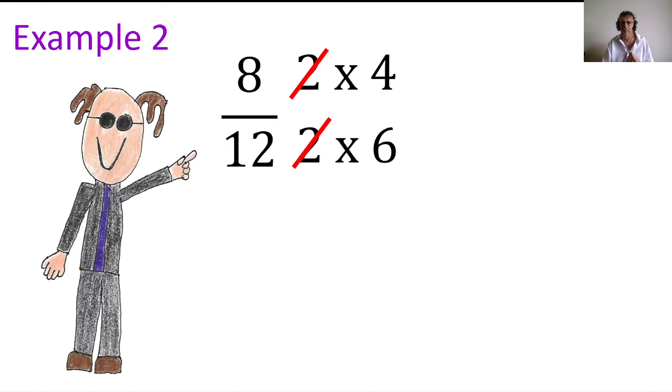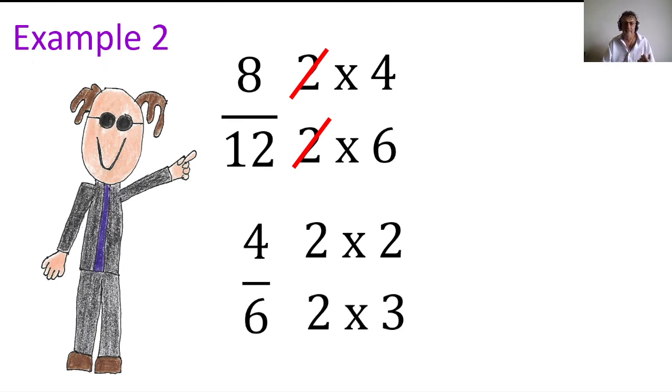But are 4 and 6 prime numbers? No, both are composite numbers, so we need to factor 4 and 6. So we rewrite 4 over 6 down below. The prime factors of 4 we know are 2 times 2, and the prime factors of 6 are 2 times 3.